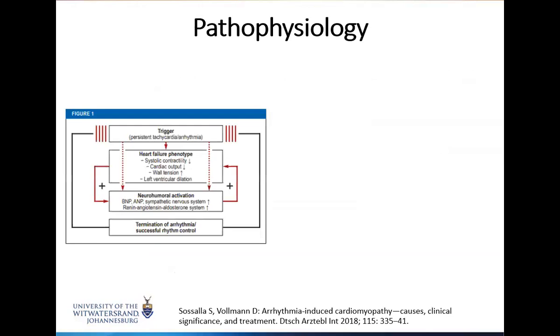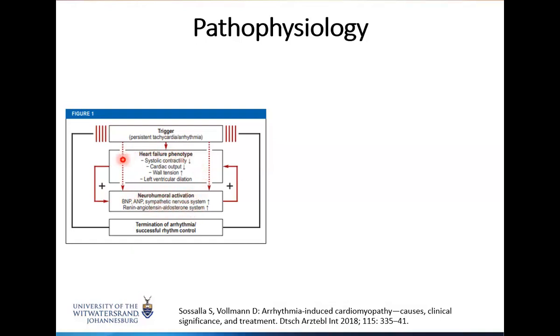Then how exactly does this come about? In terms of the pathophysiology, the key triggering thing is a persistent tachycardia or an arrhythmia, which then causes a neurohormonal activation, in terms of the BNP and atrial natriuretic peptide activation, as well as activation of the RAS and the sympathetic nervous system.